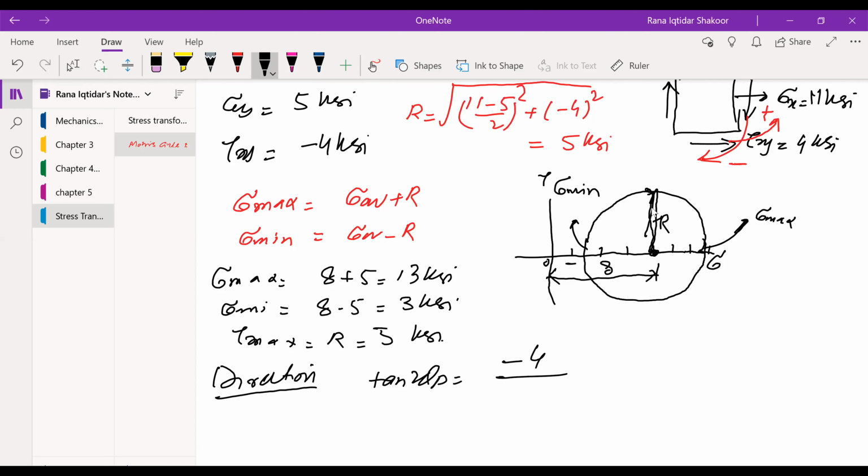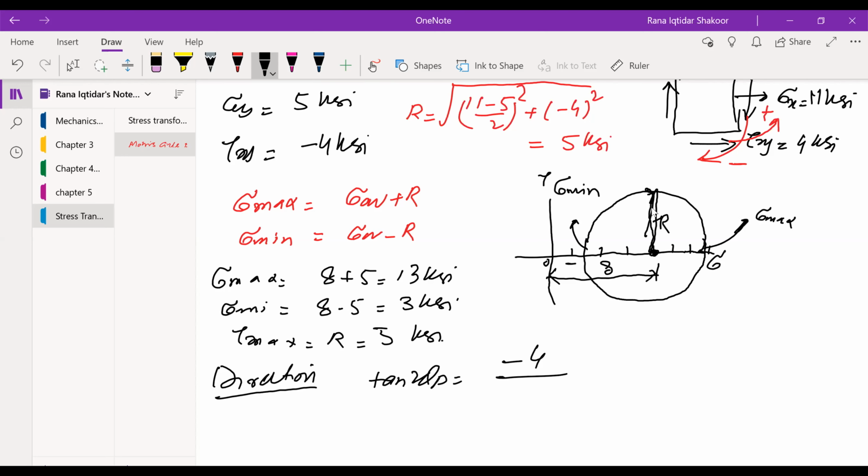Sorry, 11 minus 5 is 6, and 6 divided by 2 is 3.